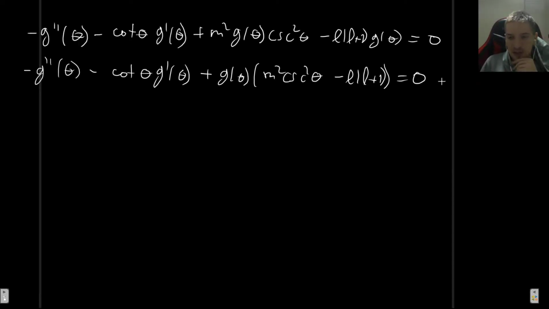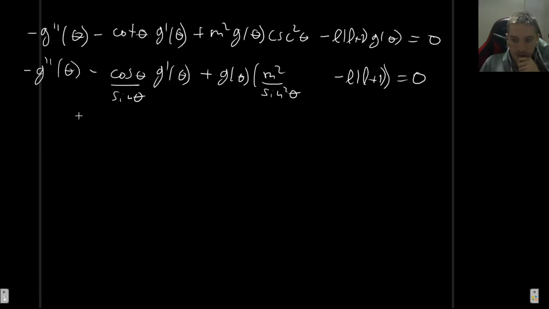So now let's multiply, because the cotangent here, just to make it apparent, this is cosine theta divided by sine theta. This here is 1 over sine theta squared. Oops, I didn't erase that. So let's multiply through by minus sine squared of theta.